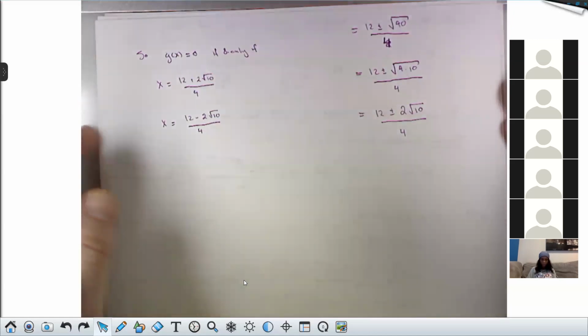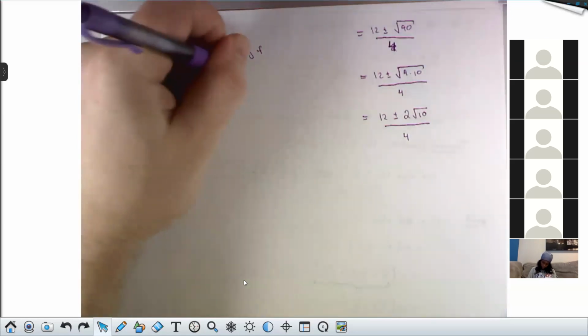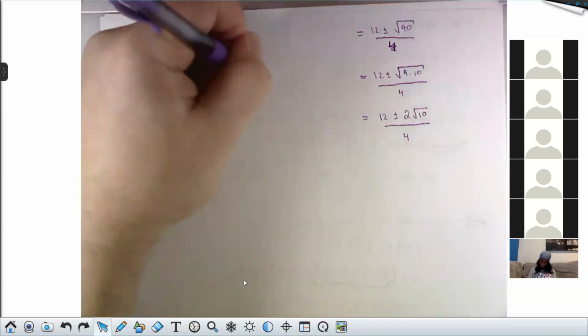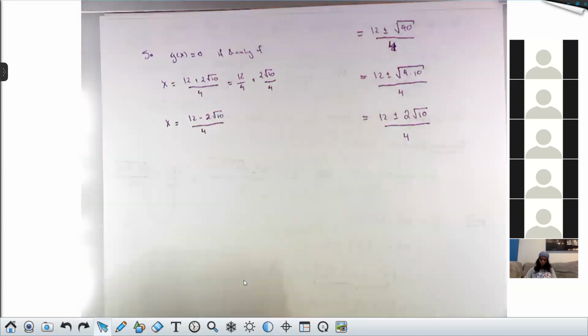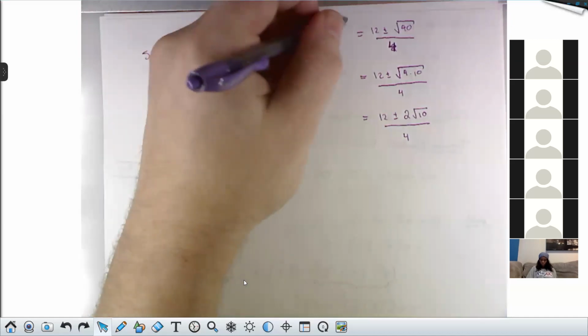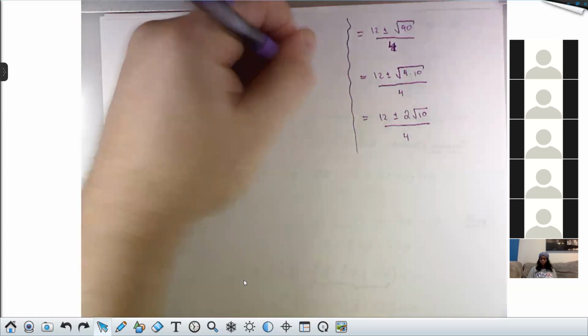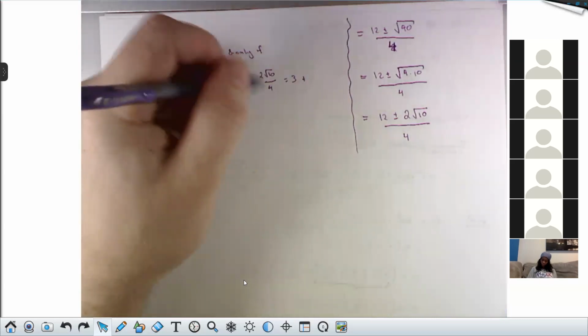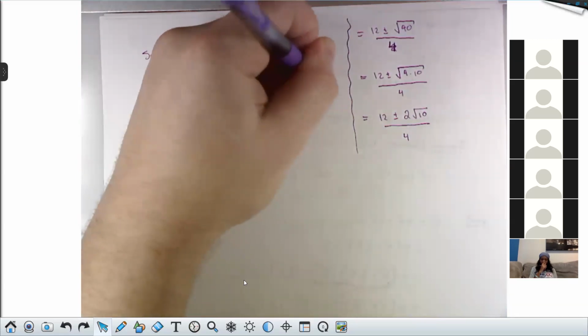The top and bottom both have a factor of 2. So I could write this as 12 over 4 plus 2 root 10 over 4. And then 12 over 4 is still 3. And then 2 over 4, you can cancel the 2 and the 4. This becomes a 2. So this is going to be root 10 over 2.